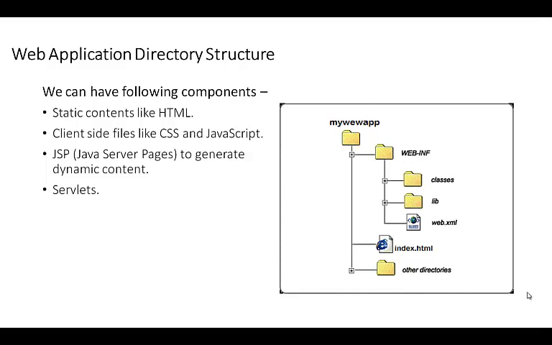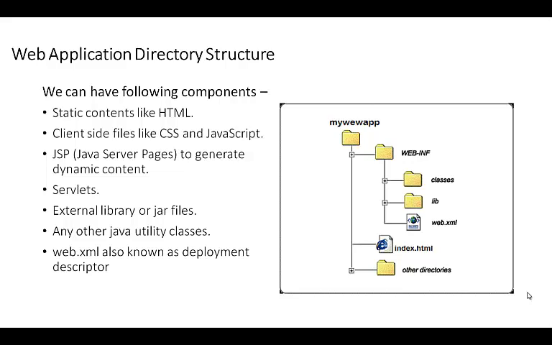We have servlets, external libraries for Java files, any other Java utility classes, and the web.xml, also known as a deployment descriptor. So let's have a good look at this diagram and see if we can understand better what this web application directory structure is actually about.